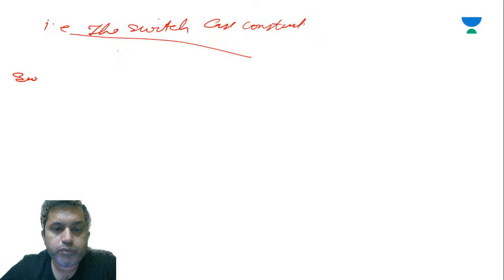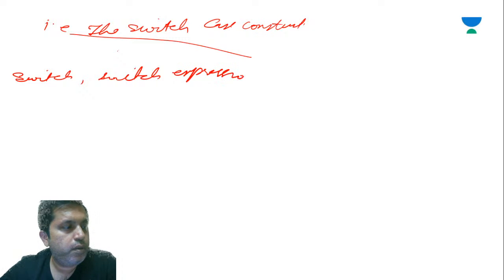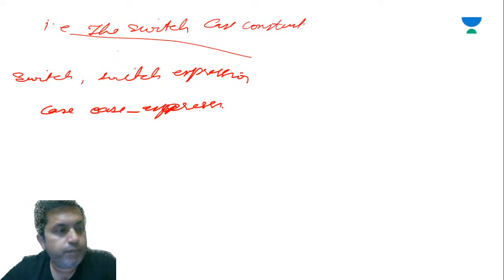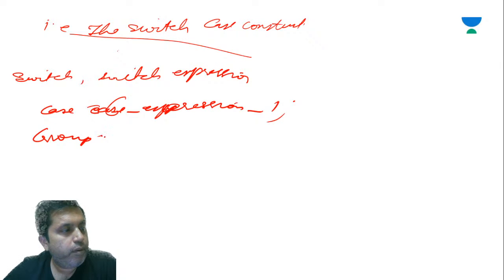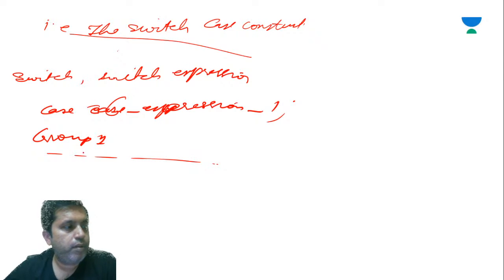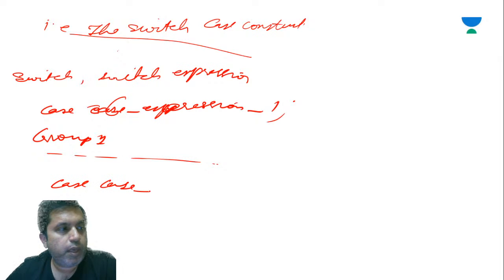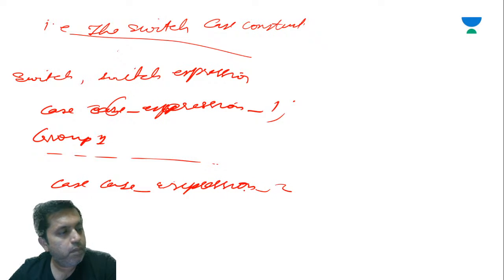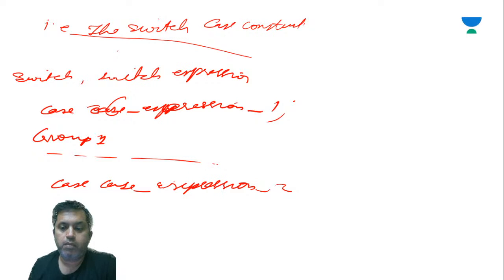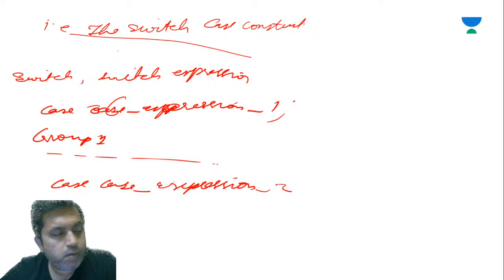So in this way you write down switch expression, okay, case expression, or case into case, another variable expression on group 1, case expression, case expression 2.